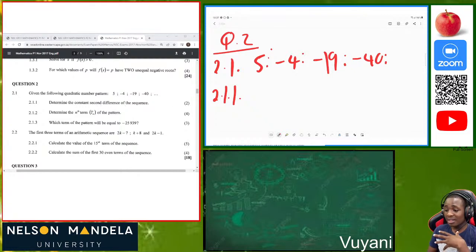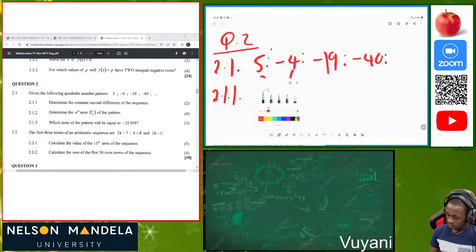In other words, we want the value of d. So how are we going to determine that? We know that t2 minus t1... this is our t1, t2, t3, t4. Let's use something different so that you can see and notice.